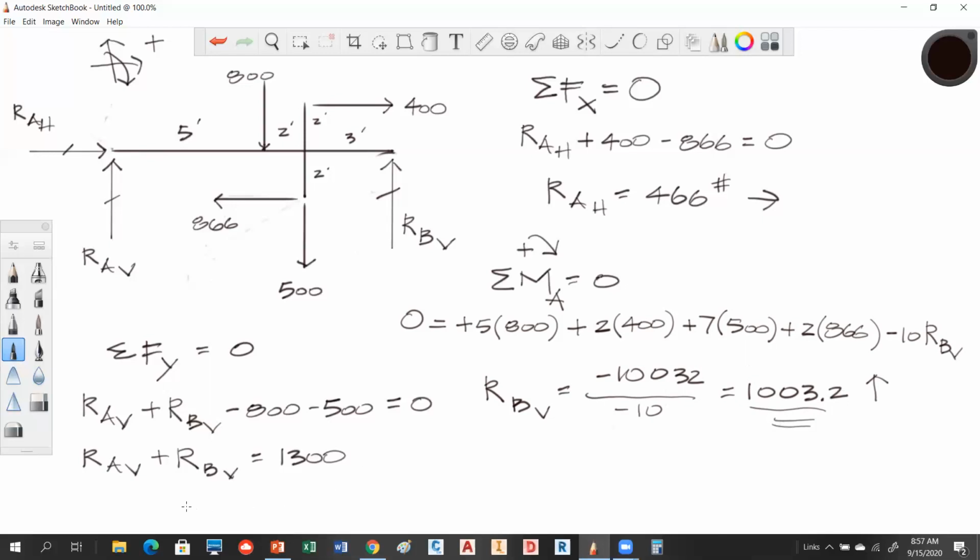So what happens over here when we bring this guy RAV, we have 1,300 minus 1,003. And that gives us a positive 296.8. And again, you can round some of those up, but that's also a positive.